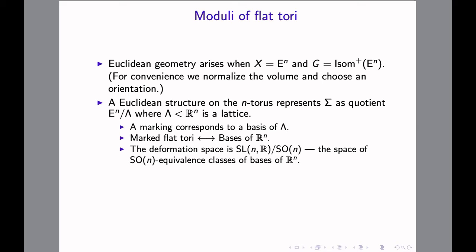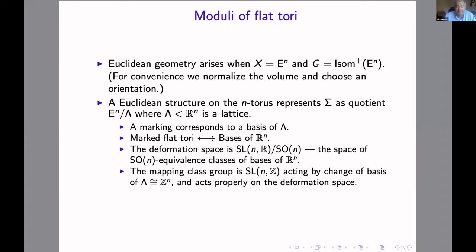The deformation space, the space of marked lattices up to the equivalence relation of isometry, will just be the homogeneous space of bases of Rn under the special orthogonal group. So that's the symmetric space of SLnR. The mapping class group, which changes the markings, will just be the action of SLnZ acting on this space.